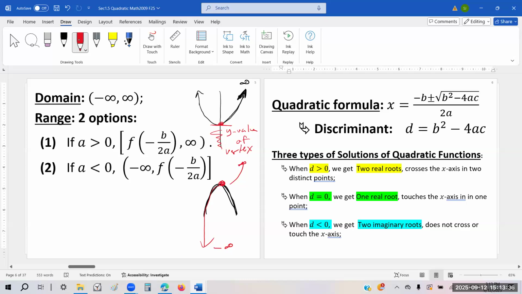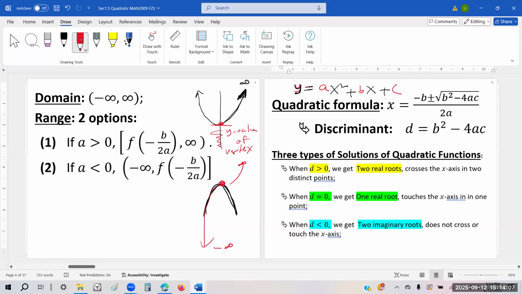What is abc? abc are your coefficients: ax squared plus bx plus c. If we have a quadratic equation or quadratic function in this format, then in the quadratic formula, using a, b, c, you substitute here.